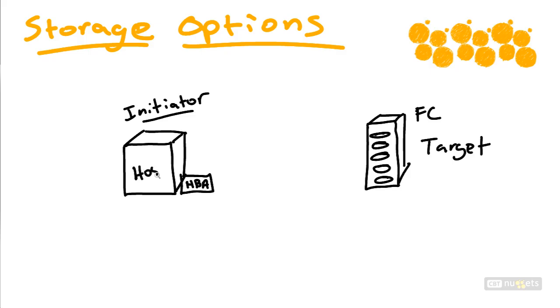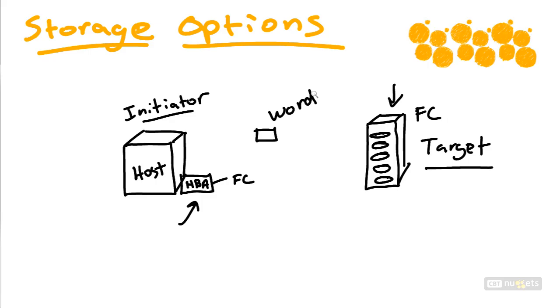This would be like our host system. And notice there's a host bus adapter in this system for communicating over the Fibre Channel medium. And here we have a Fibre Channel target where all of our stuff is being stored. We have the smallest unit of data, which is called a word.